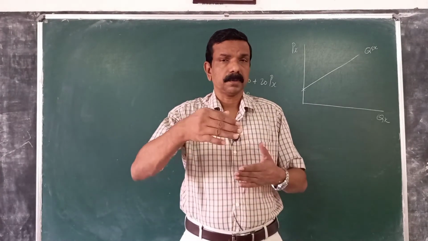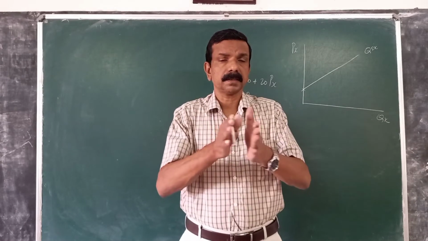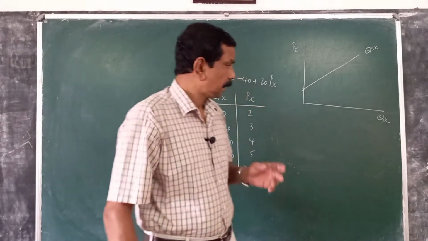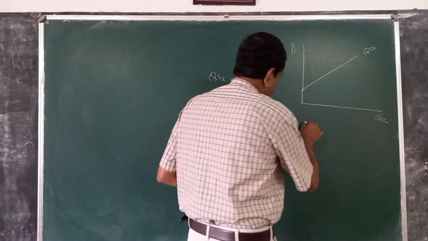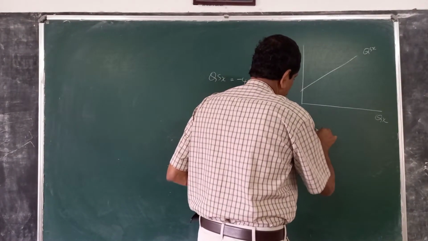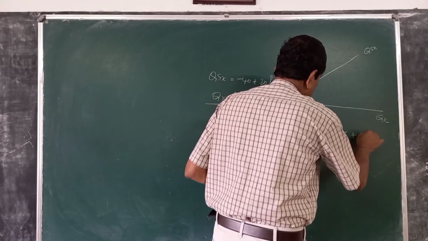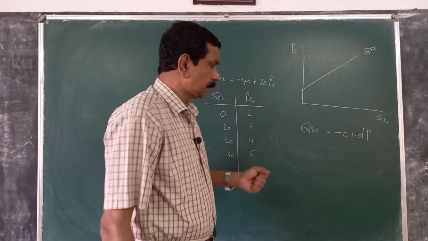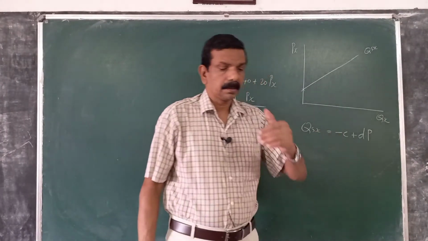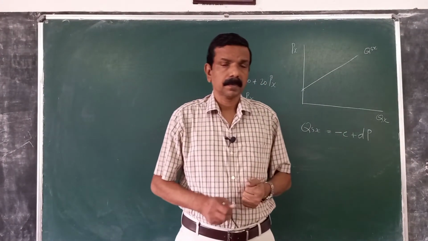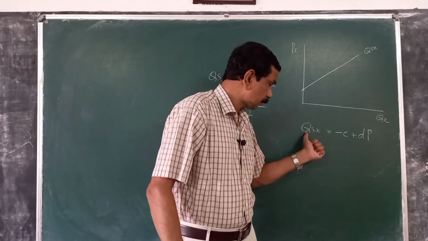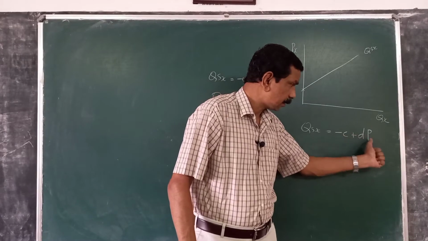In general, a supply function is written as Qsx equals minus C plus dp.